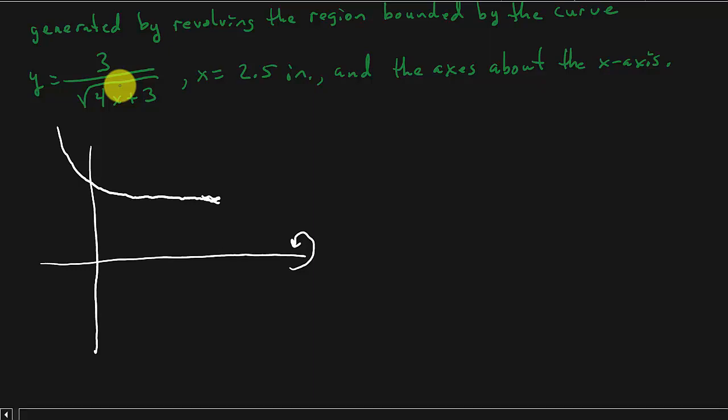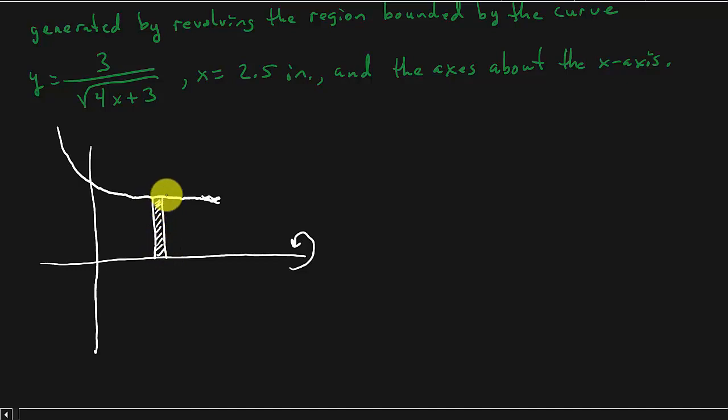If we worked this problem out, it'd probably take us 30 to 40 minutes going through it. So just refer back to that part of the class. We're revolving about the x-axis, and remember, you've got your rectangle here.